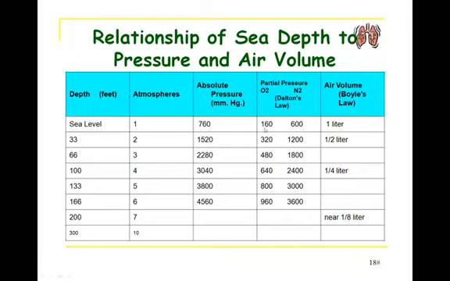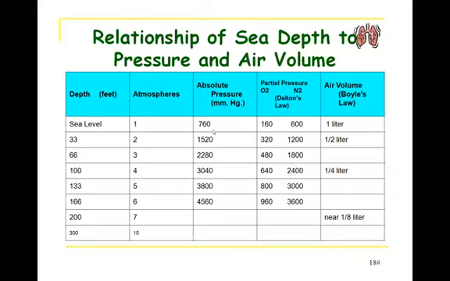Here's the partial pressure of oxygen and nitrogen in the air that you breathe. And you'll notice, as I go 33 feet below the surface, the absolute pressure actually doubles. So why has it doubled? Well, standing at sea level, the column of air extending from your feet upward into the atmosphere exerts a pressure of 1 atmosphere.